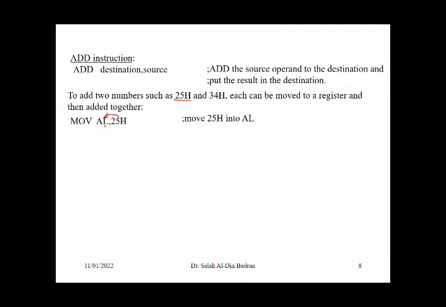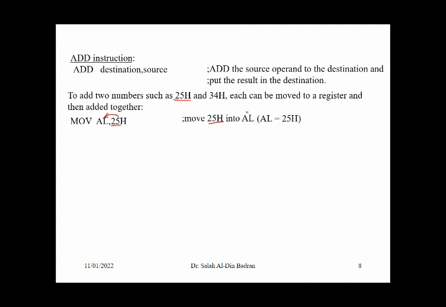We call it AL, the accumulator lower byte. It is an 8-bit register. We use 8 bits because this number is 8-bit. We are not allowed to use bigger than 8 bits because this is the capacity of this register. 1 byte means 8 bits. So move the hexadecimal number 25 into AL.